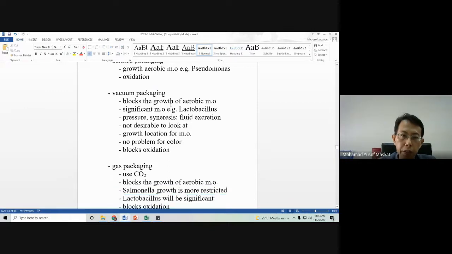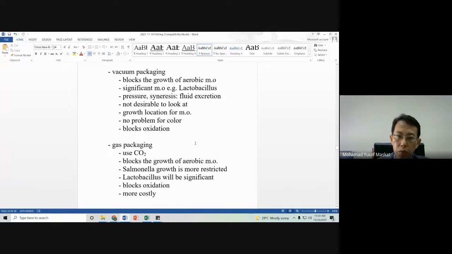Vacuum packaging blocks the growth of aerobic microorganisms, but significant microorganisms such as lactobacillus will grow, and the problem will be similar to meat: pressure. When atmospheric pressure presses on the product, it will increase the fluid excretion due to syneresis, which is basically not desirable to look at.